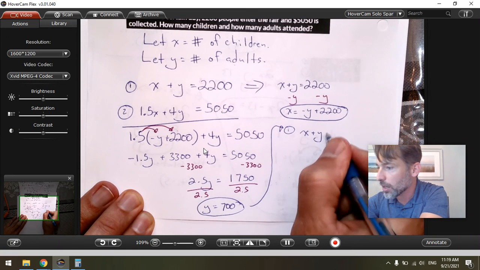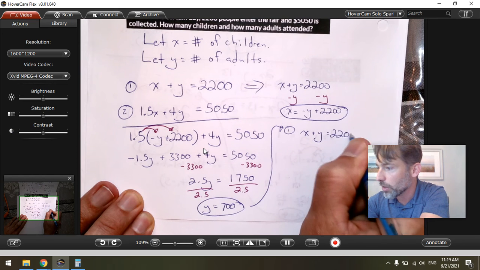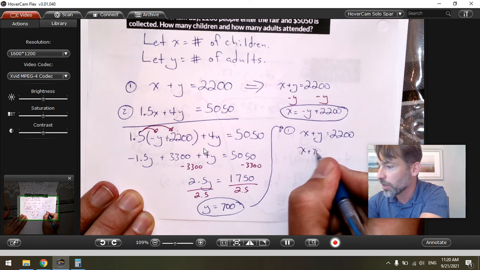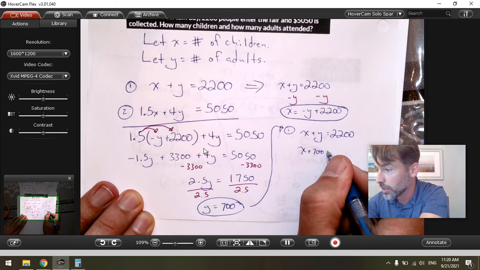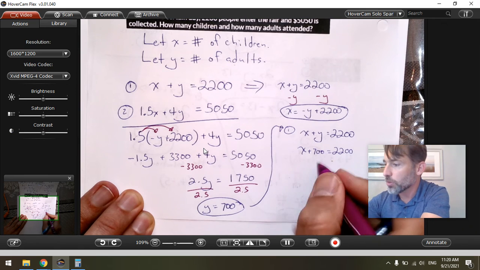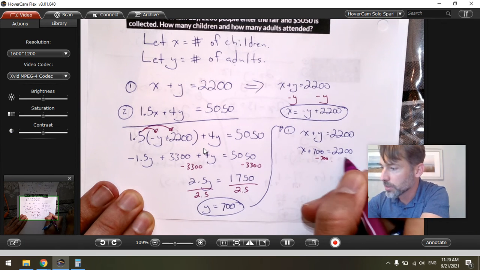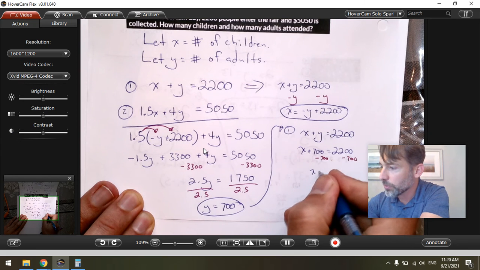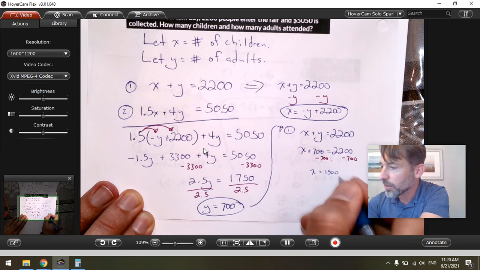x plus y equals 2,200. Substitute 700 in for y. x plus 700 is equal to 2,200. And then I'm going to subtract 700 from both sides. x is equal to 1,500.